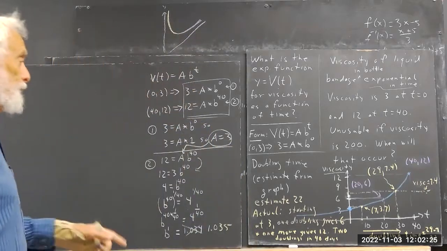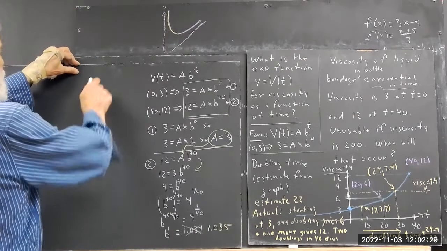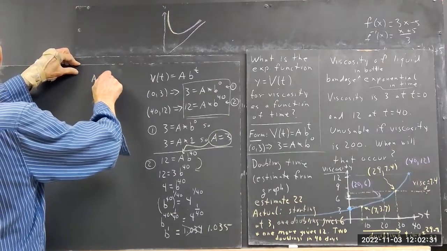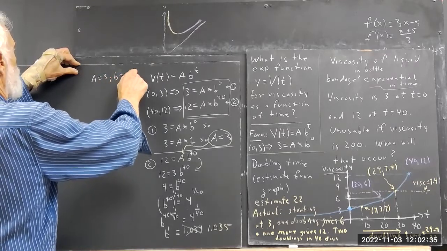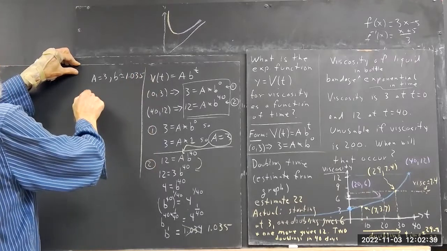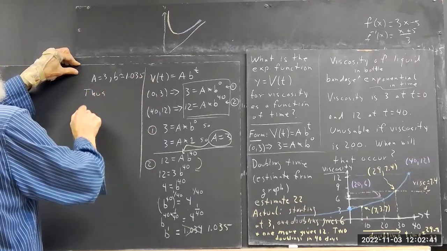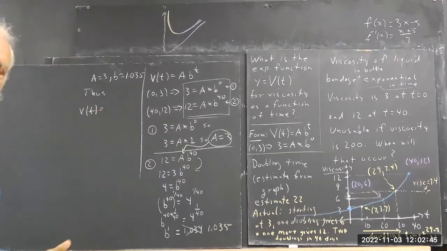Okay, so what does this tell us about our model? So A equals 3. And B is approximately 1.035. So what's your V of t function?